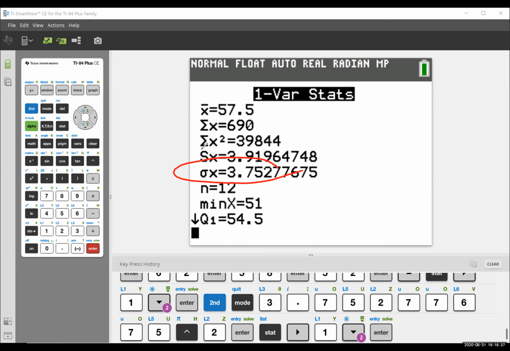So meaning the Sx is the sample standard deviation. So when the question is find the sample standard deviation, you have to use Sx. If the question is find the population standard deviation, you have to use this, sigma x.